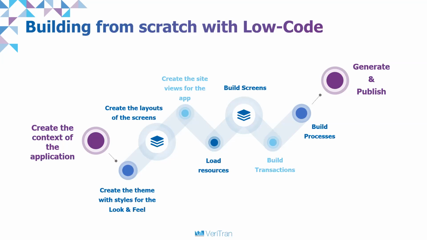We connect to whatever backend service we need to get some data from in order to give purpose to the application. We'll build a set of transactions, and we'll match them behind the scenes to every screen, to every process that we build on the next step.